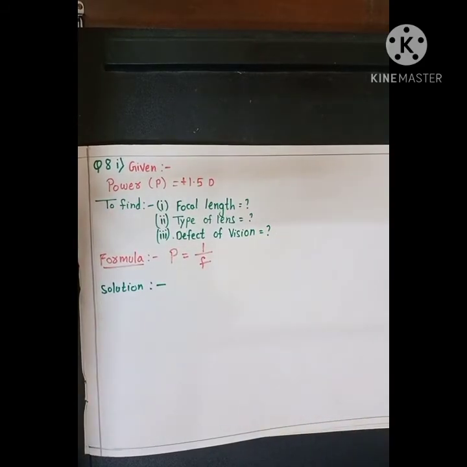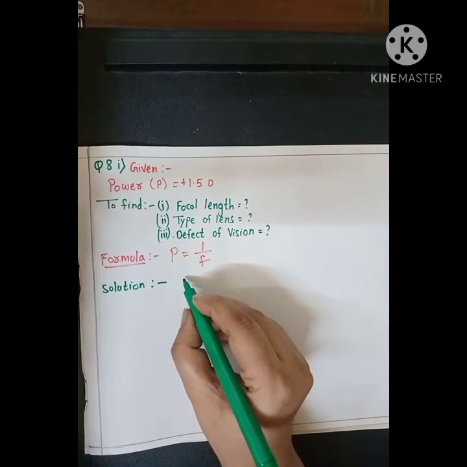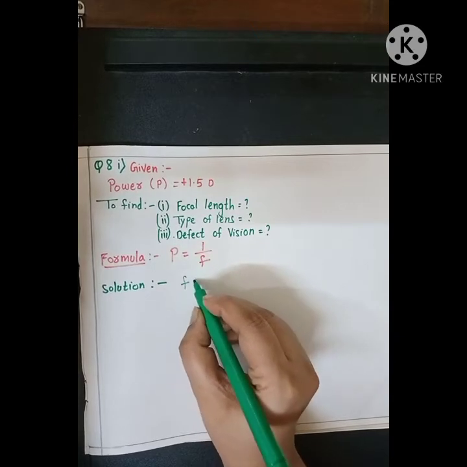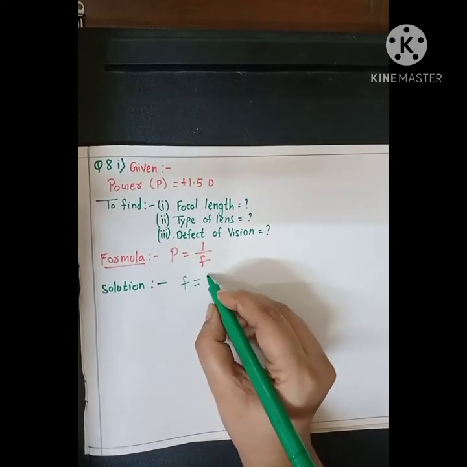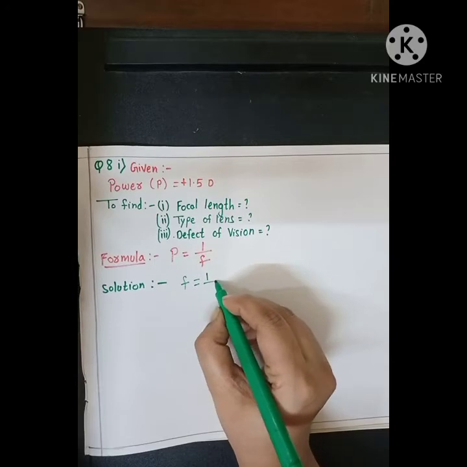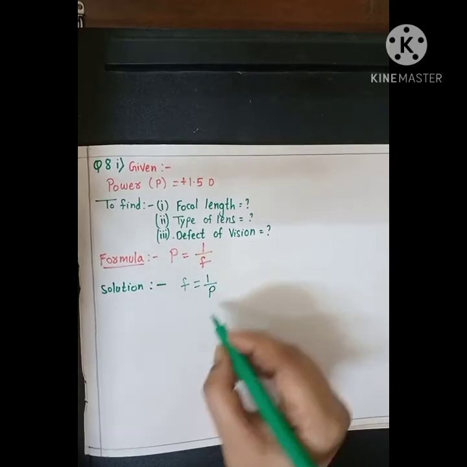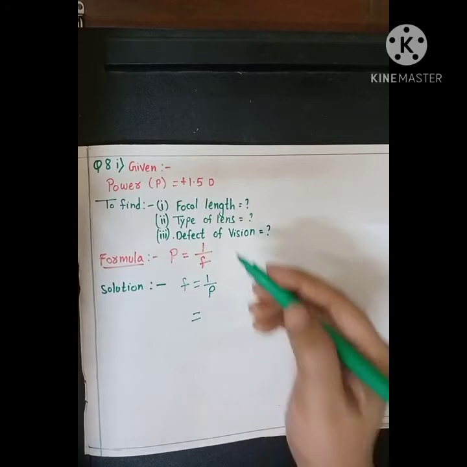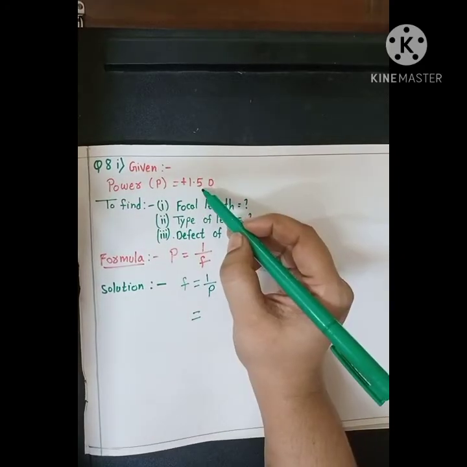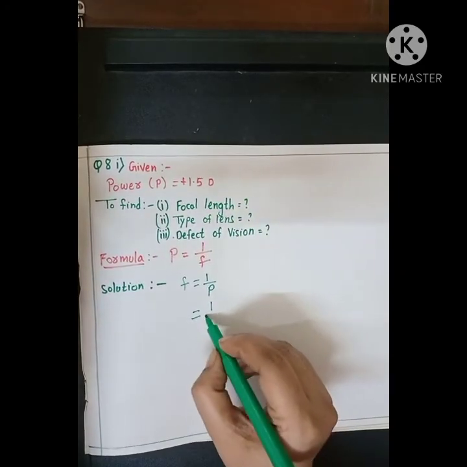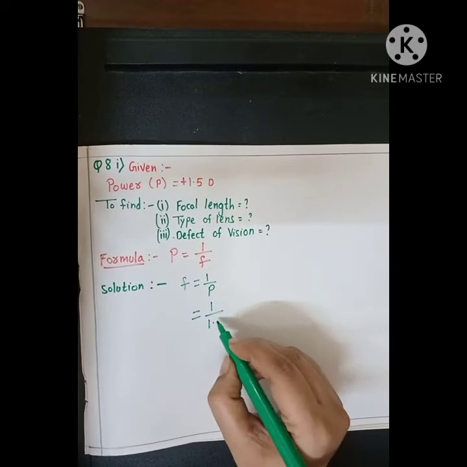Now, to calculate the focal length, we will rearrange the formula. It will become f is equal to 1 upon P. Substitute the value of power, that is 1.5. We get 1 upon 1.5.